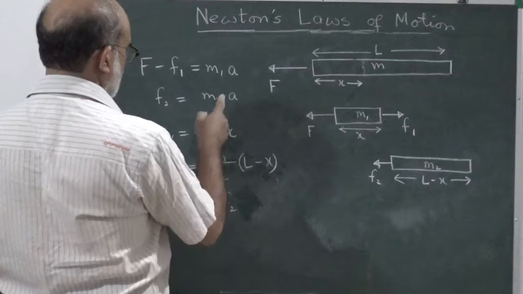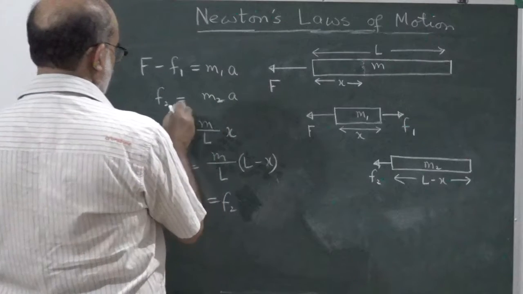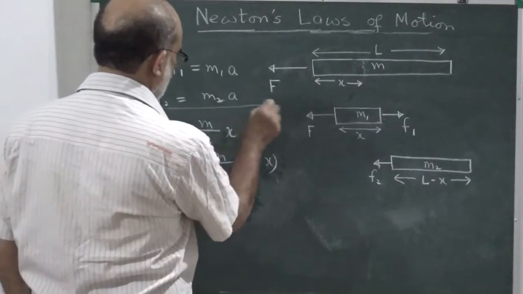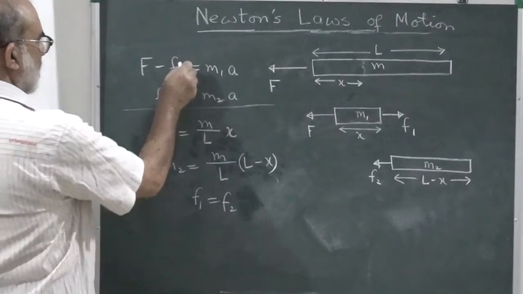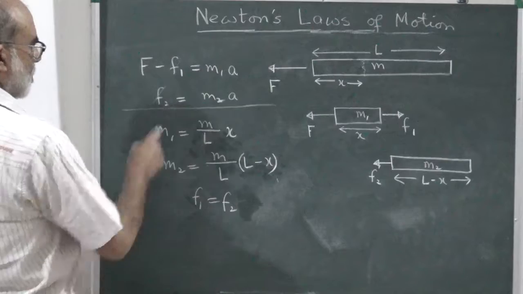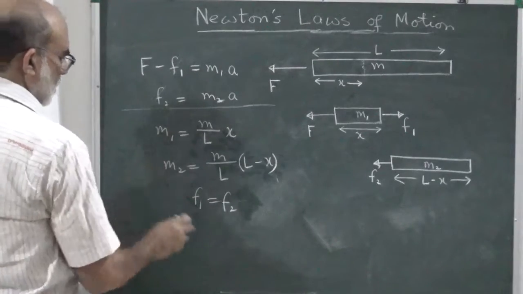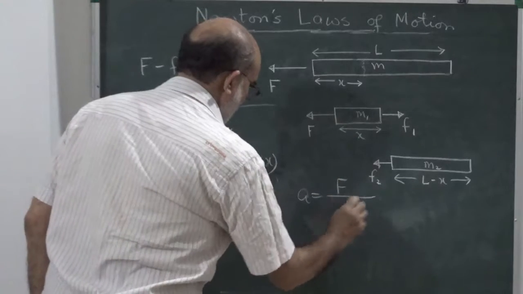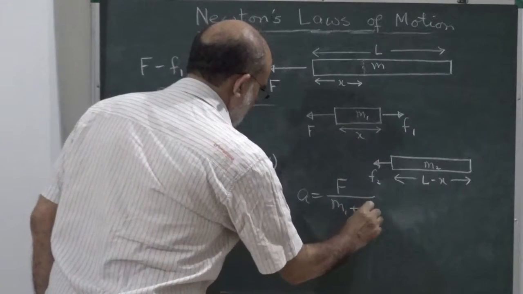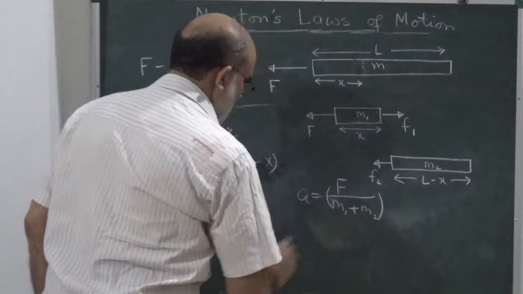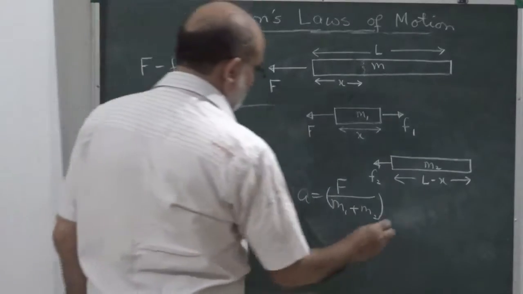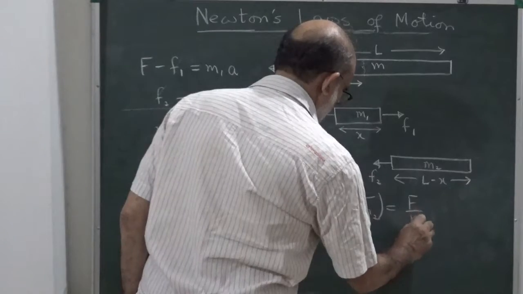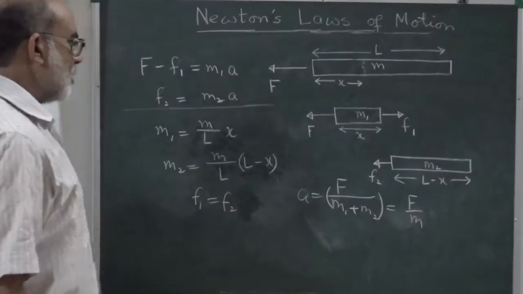So first of all, solve this equation to find the acceleration. We just simply add them, then F1 and F2 cancel out because F1 is F2. I will get a as F by (m1 plus m2), and m1 plus m2 means capital M. So a is F by M. Now substitute here.